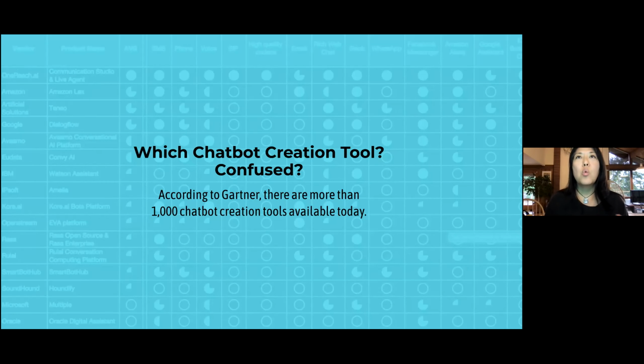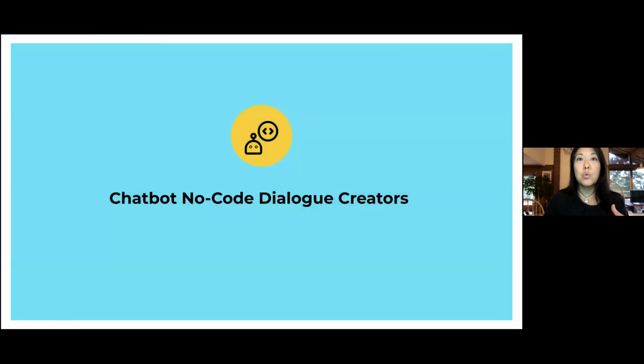So which ones work really depends on the use case, what are the outlets that you're building for, what kind of technology needs to be embedded, and are you looking at rules-based, right, or NLP? And so with all of that, here's a few examples of no-code dialogue creators.